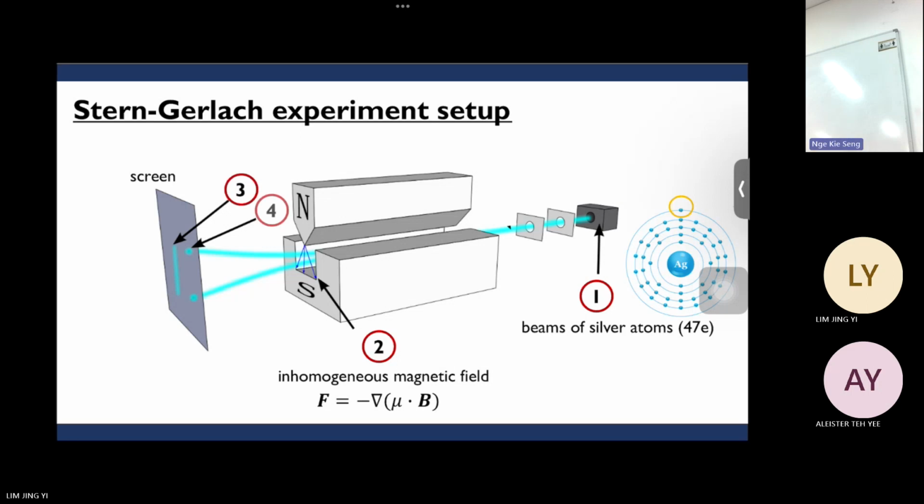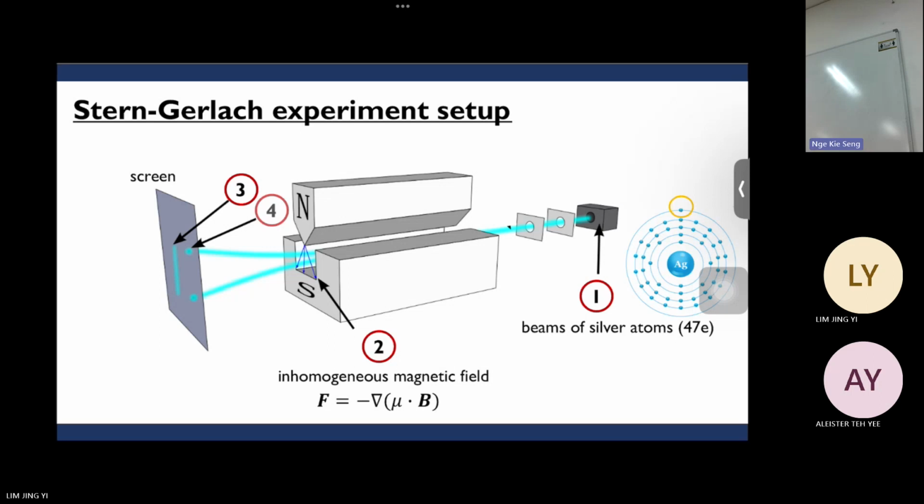So when we send these silver atoms through this, one more thing to mention is that the inhomogeneous magnetic field is achieved by the sharp edges of this magnet bar. And when we pass the silver atoms through this external magnetic field, the deflection will be shown on the screen, along the z-axis.